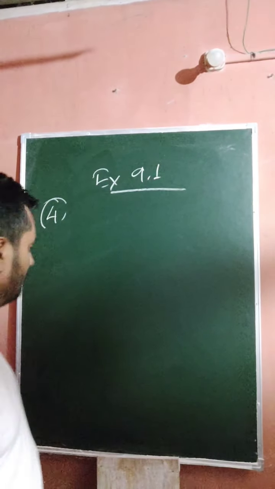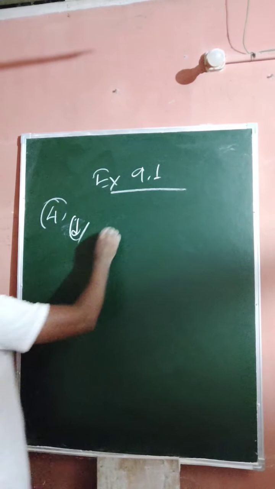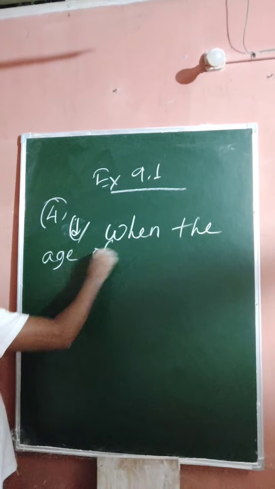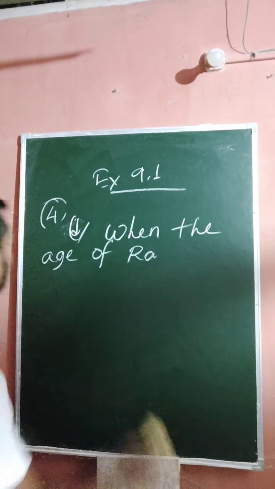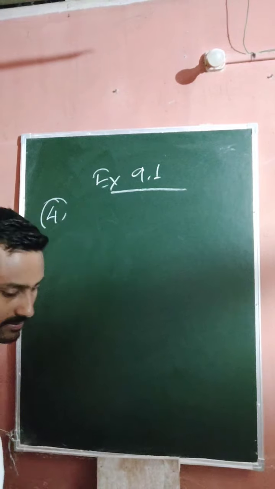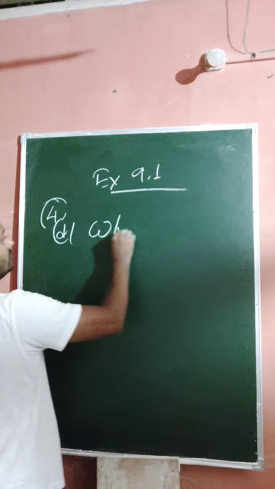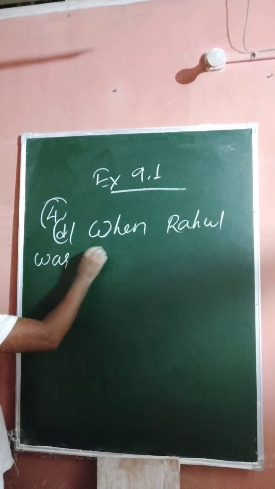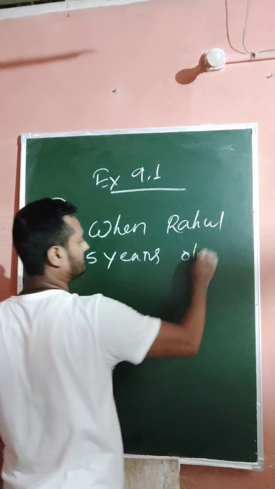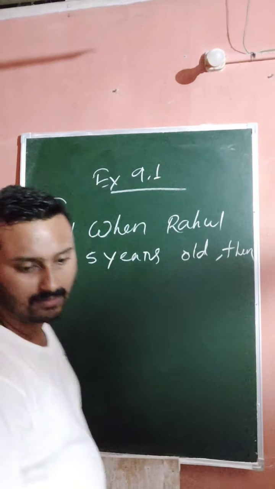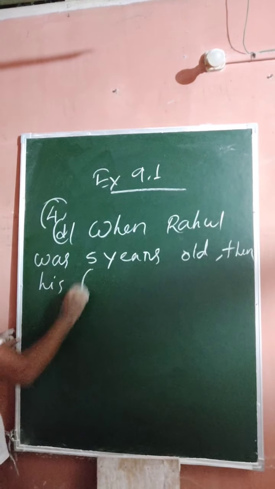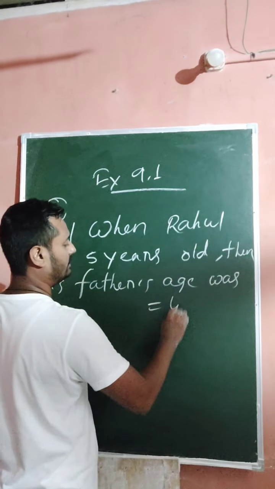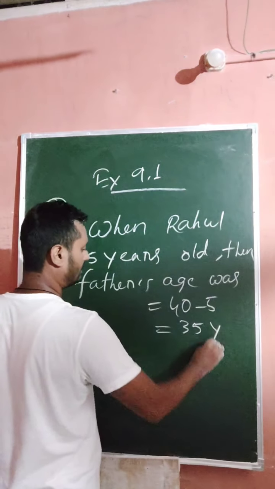So when Rahul was 5 years old, then his father's age was 40 minus 5, that means 35 years.